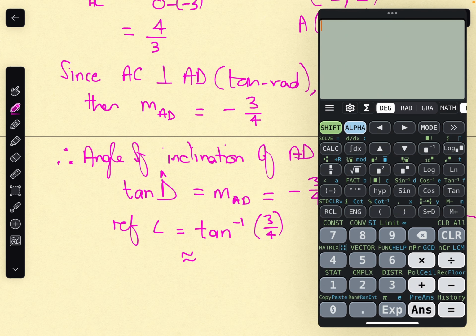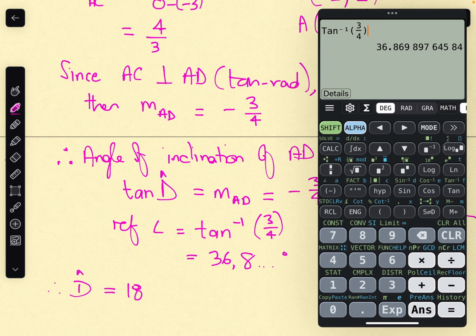Right, shift tan 3/4. And because the tan ratio is actually negative, that means that D is actually 180 degrees minus that.